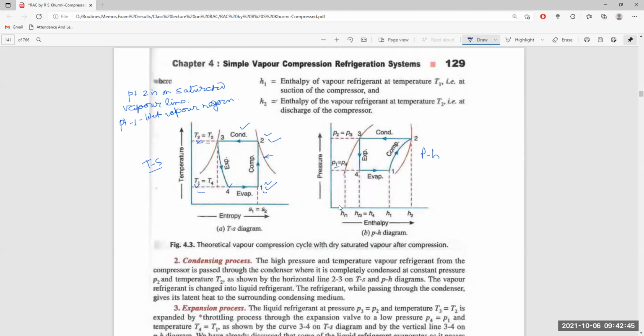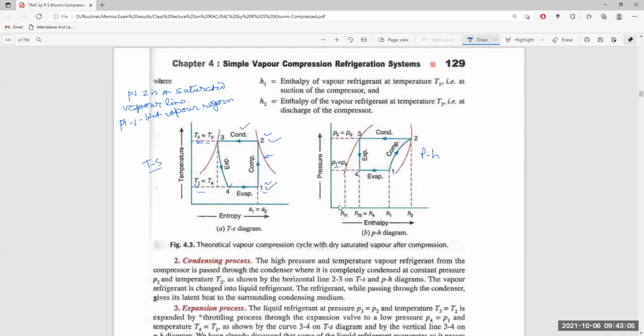At point 1 it is in the wet vapor region itself. Here enthalpy is raised from H1 to H2, which means more energy is applied in terms of work. And here it is shown that no heat transfer takes place from 1 to 2, and entropy remains the same.